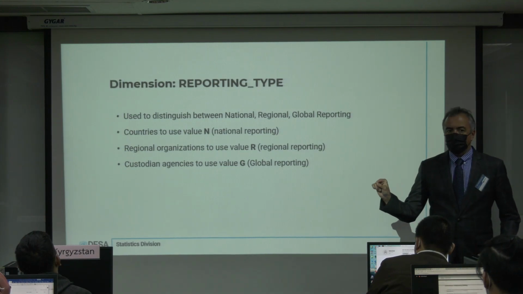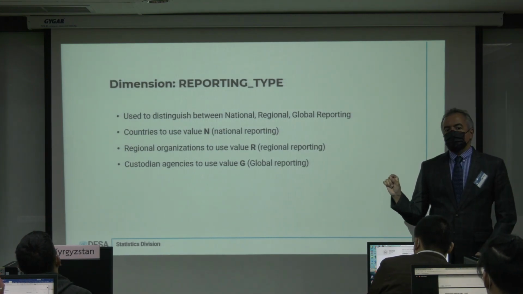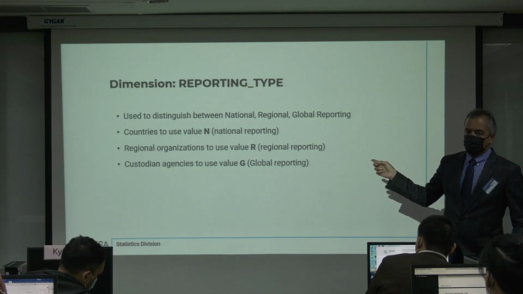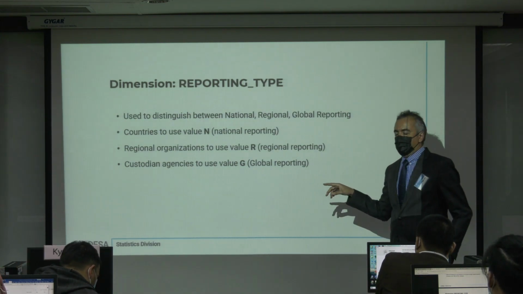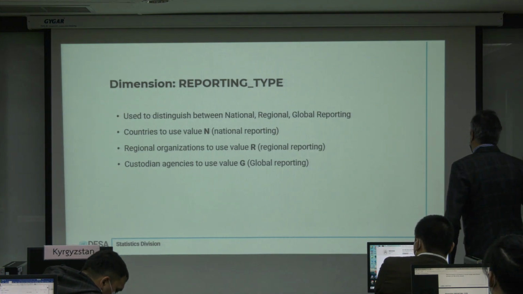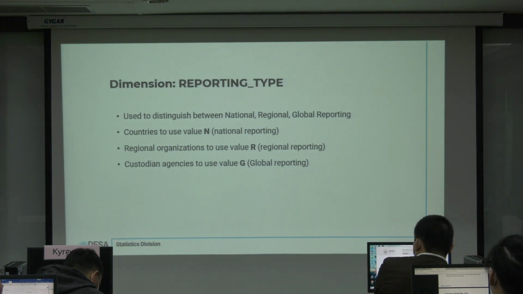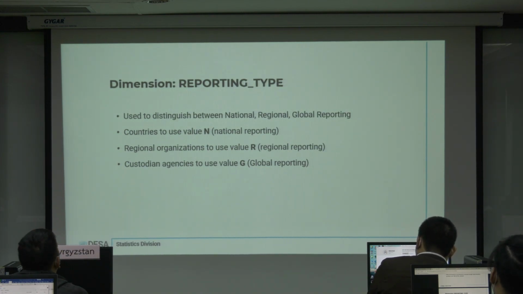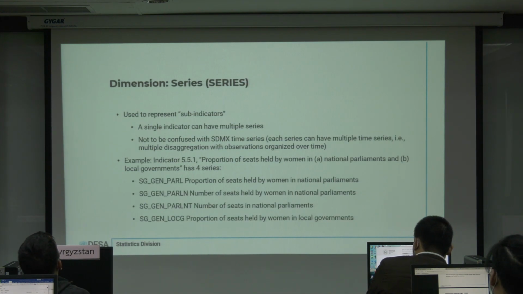Data, not indicators, not nothing else. Anything reported by the country must always use reporting type N. And anything reported by the custodian agency, regardless of how they obtained it, must always use G. So, forget R, forget G, always use N with your data.